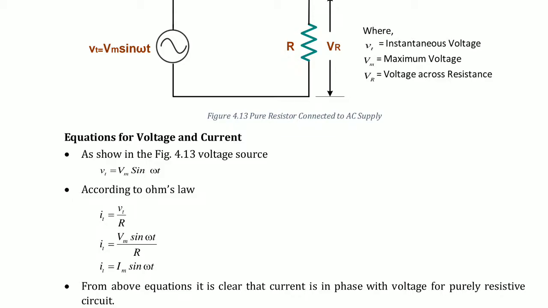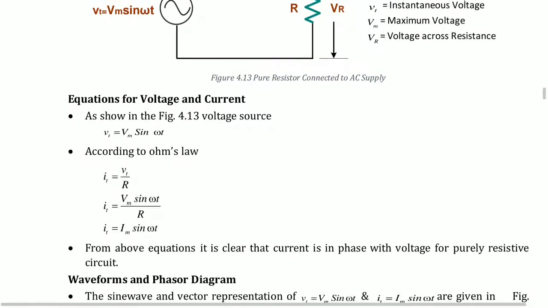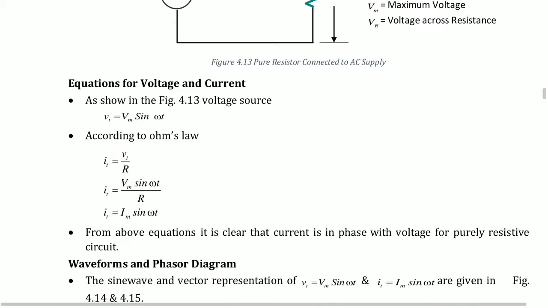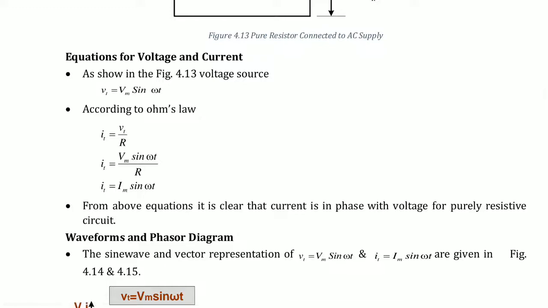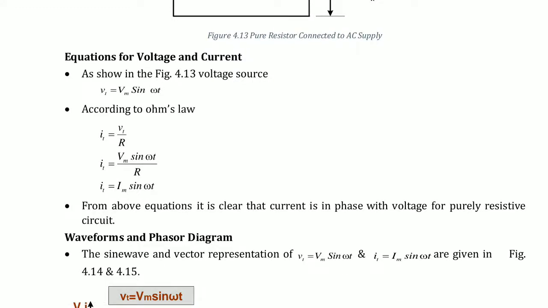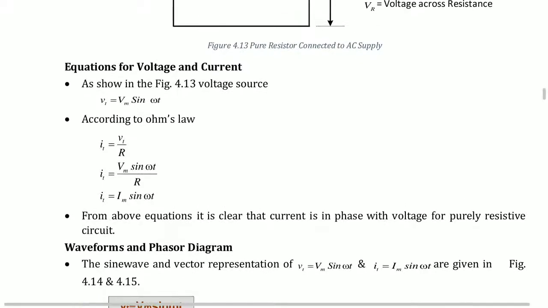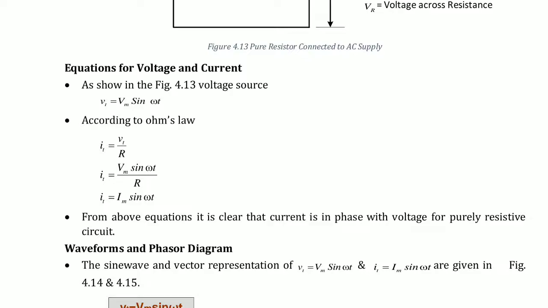According to Ohm's law, the current is in general V by R. But here the instantaneous current i is equal to the instantaneous voltage by resistance. The instantaneous voltage is Vm sin omega t, so i is equal to Vm sin omega t by R.